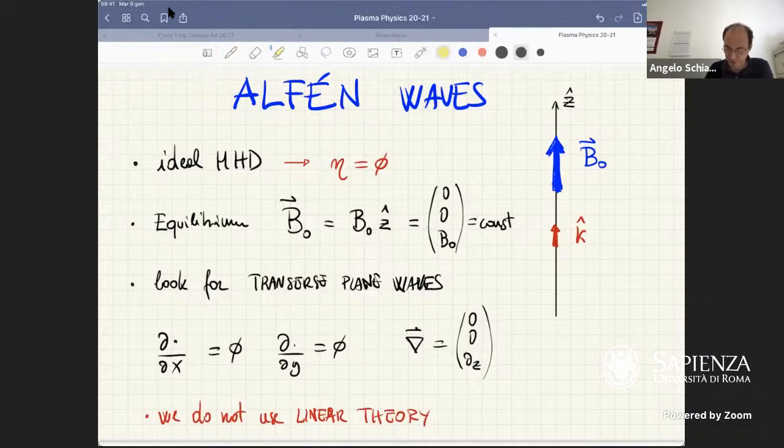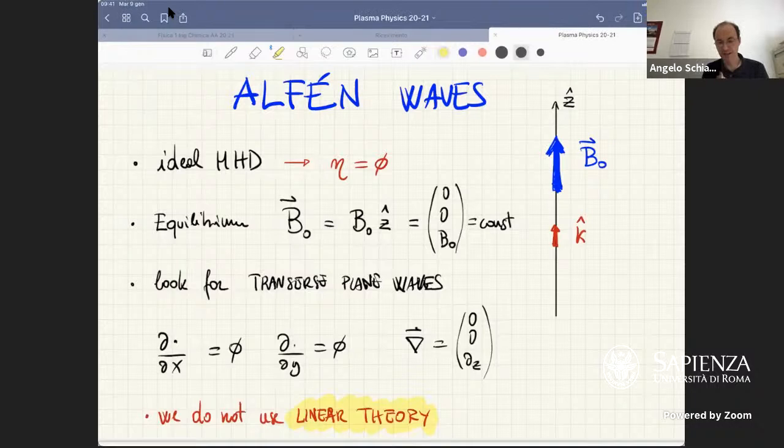This is one of the important points which makes this derivation interesting, because up to now we always linearized around the equilibrium state, saying that, for instance, the amplitude of the velocity, of the electric field, of the magnetic wave were much smaller than the equilibrium values.